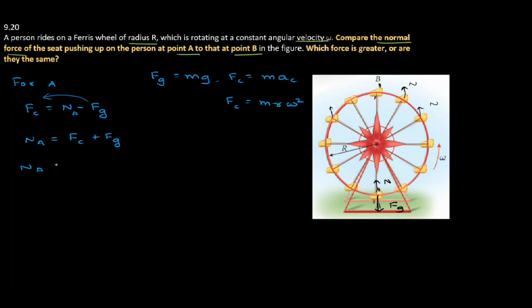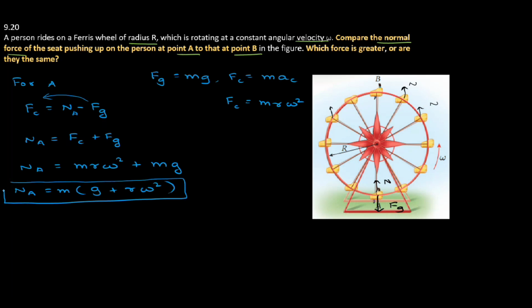I write Na equals m r omega squared plus m g. And after you get this, we can take m as common and write the expression as m times g plus r omega squared. So this is the expression for normal force at point A. Now we do the same thing at point B.